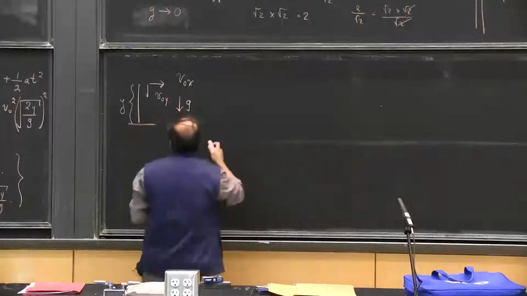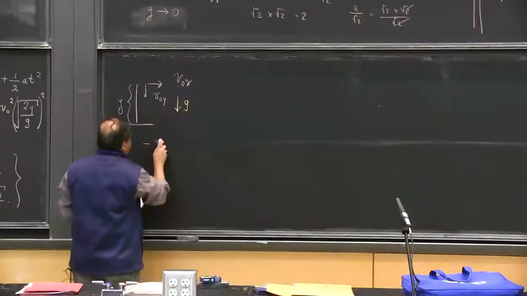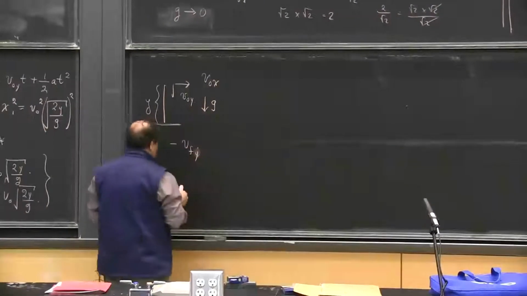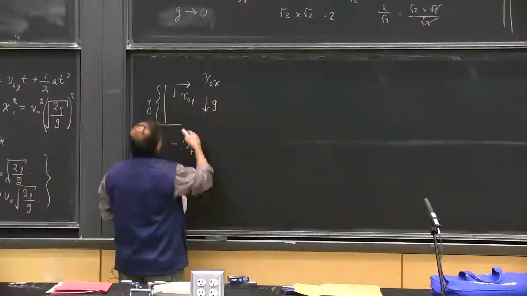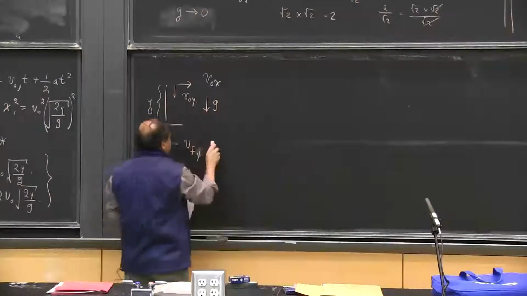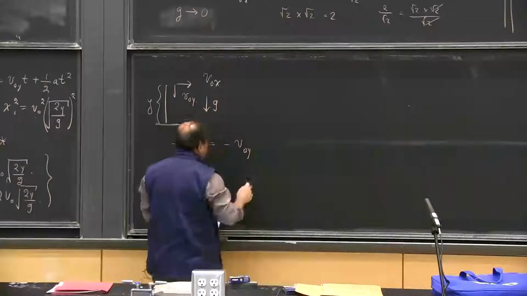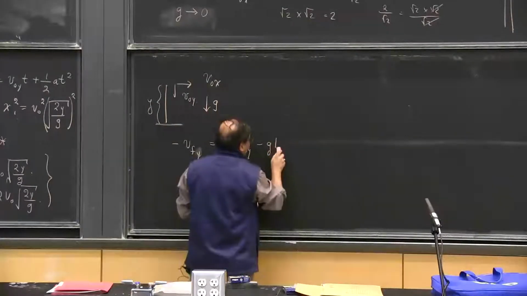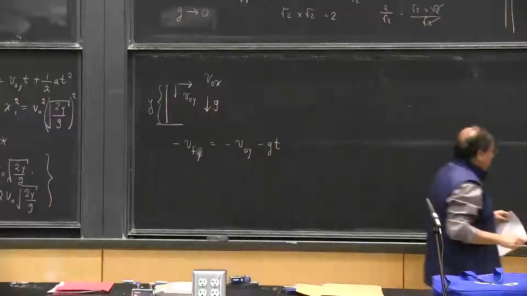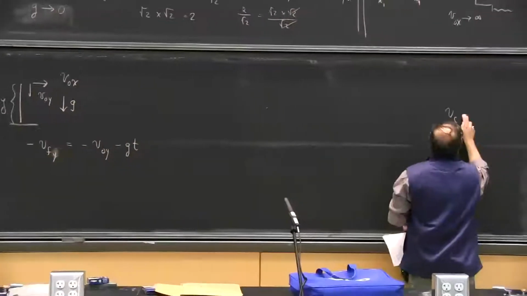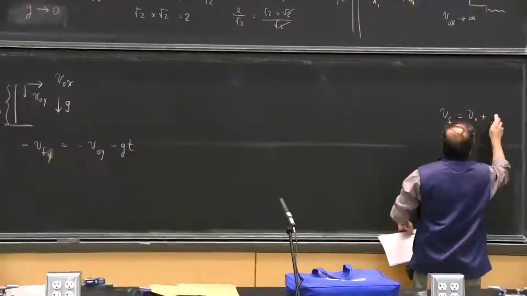Then I can write that minus v final of y. So as this falls, the final velocity in the y direction is minus v0y minus gt. So I'm obviously using our equation number 2, I think, originally, which was that v final is v0 plus acceleration times time.